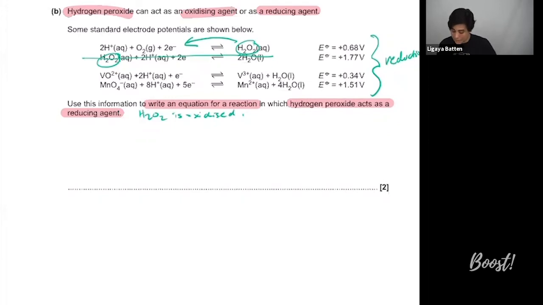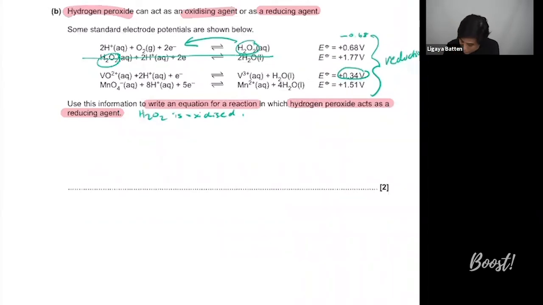It doesn't tell us which of the bottom two equations to use. But if we think about the electrode potentials for a second, if we had the reverse of this, which would be minus 0.68, and this equation here, we would have a negative electrode potential value, which means that reaction would not be feasible.